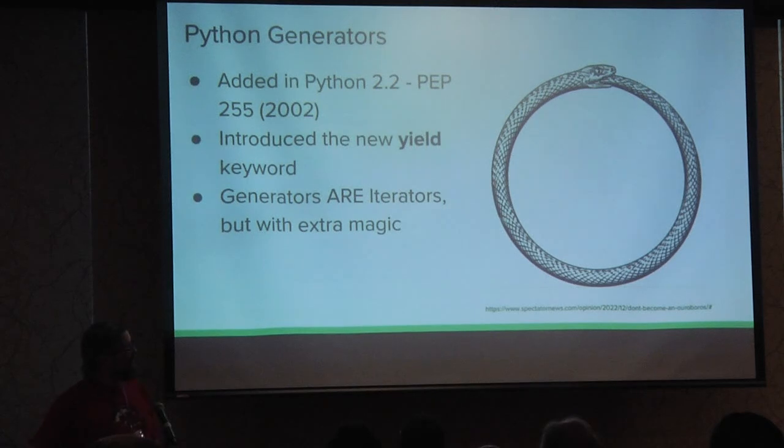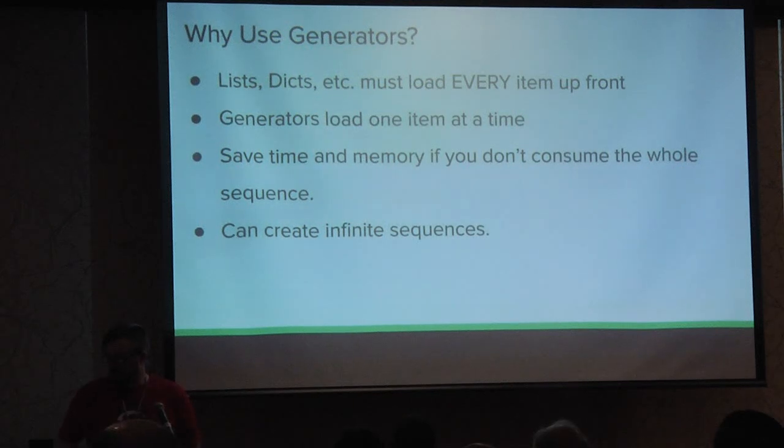But we're not going to get too far into that stuff. So generators require iterators. Generators are iterators, but they have some extra magic. They kind of remember their context here. And you can do some cool stuff with them, like creating infinite generators, which is what makes me think of this snake eating its own tail.